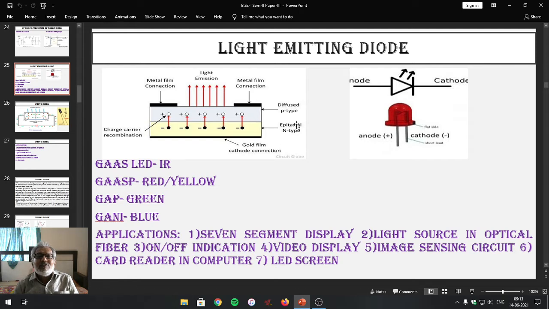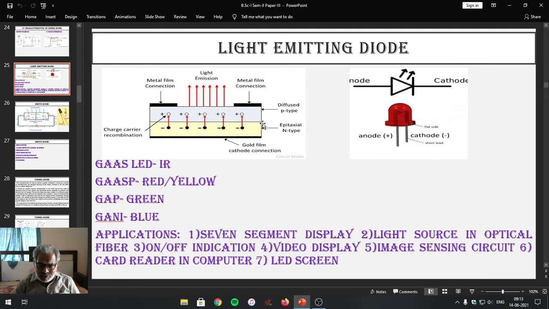It also consists of N type of semiconductor, which has electrons as majority charge carriers and holes as minority charge carriers. In between P type and N type of semiconductor, there is a junction. This is the demarcation line. It is called the PN junction.